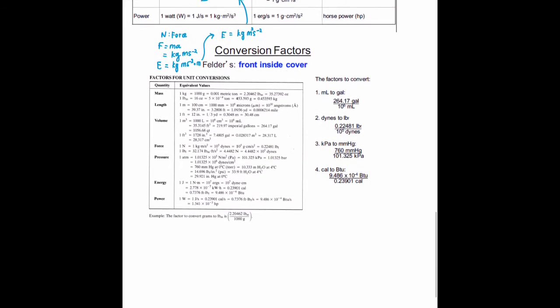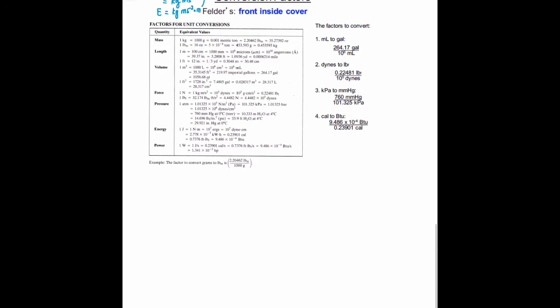The next important part of this topic is conversion factors. Conversion factors are important because they are the values which can be multiplied with a value of a different unit in order to get a derived unit.